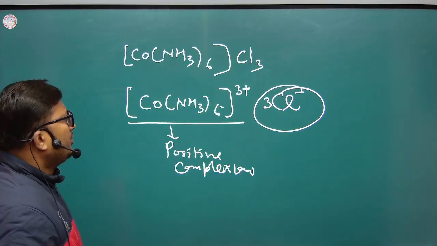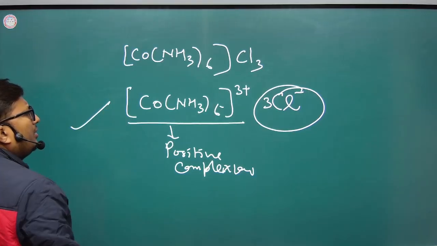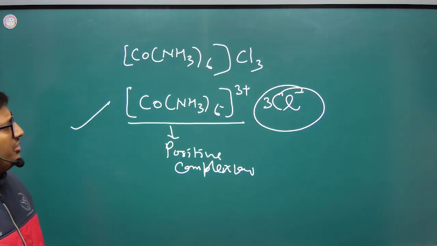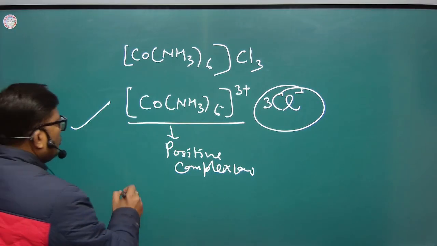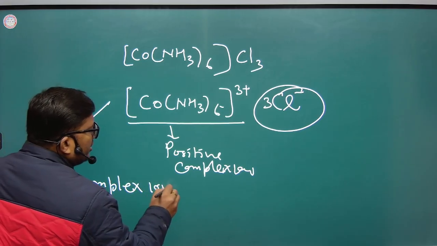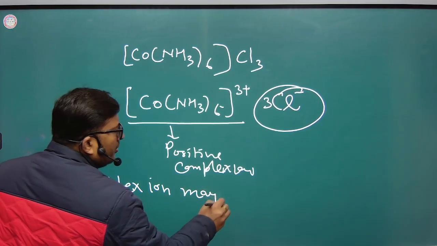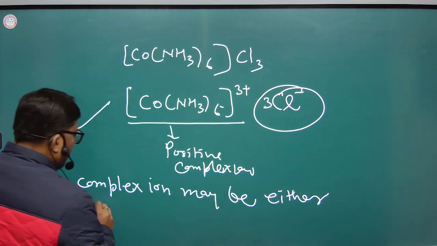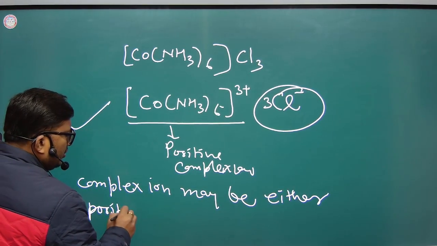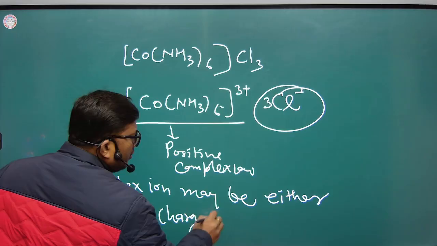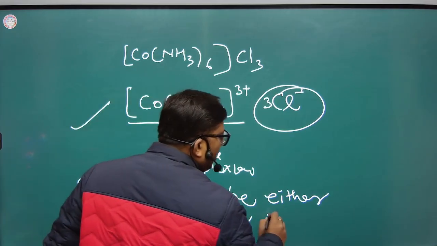So a complex ion may be either positively charged or negatively charged.